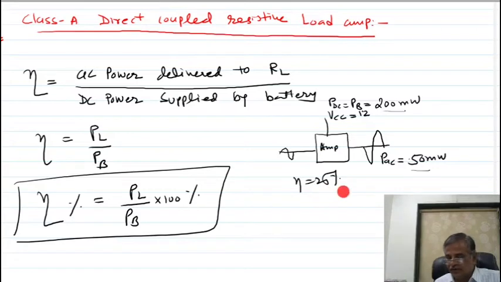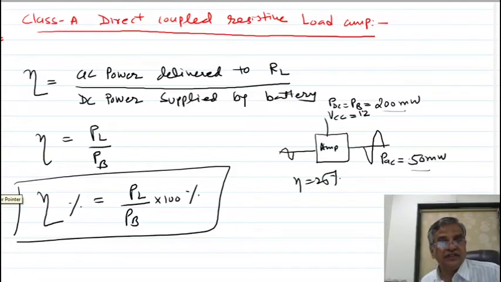If you want to increase the efficiency of the transistor amplifier, then you have to deal with wastage of DC power in the transistor itself and the load RL.